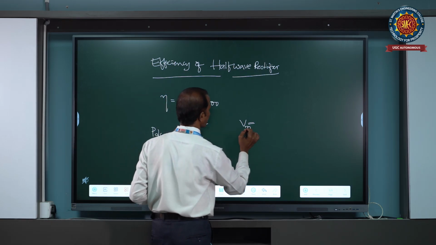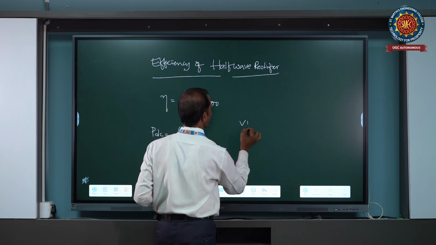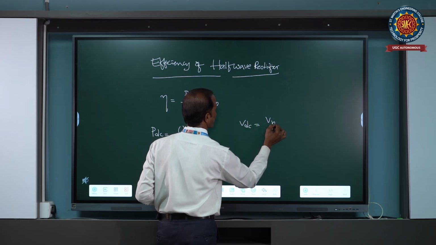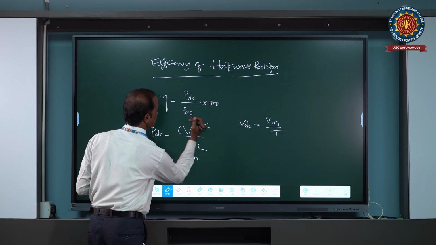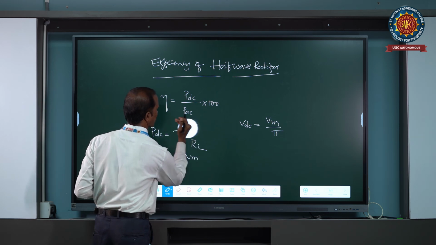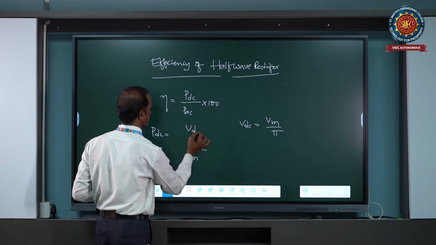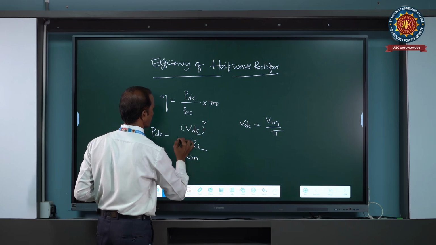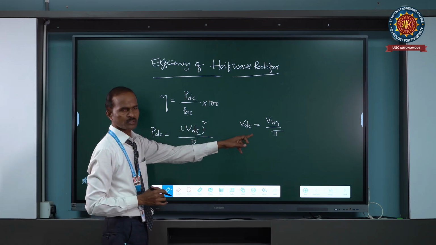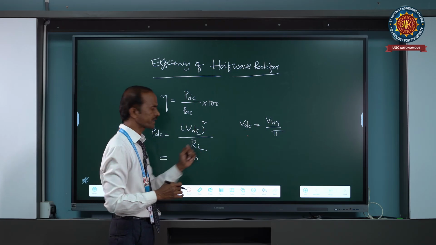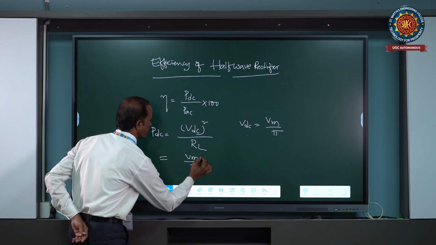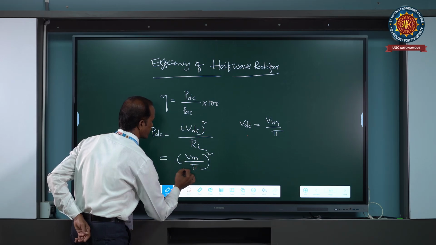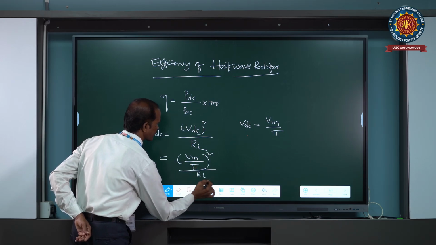VDC is equal to Vm by pi. So in place of VDC we just substitute the formula Vm by pi, whole square by RL.